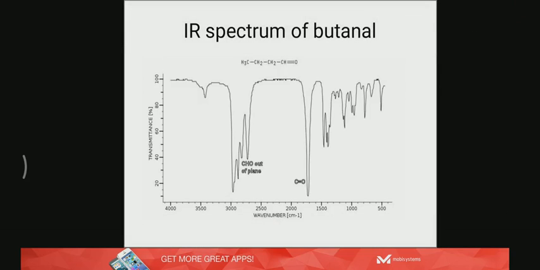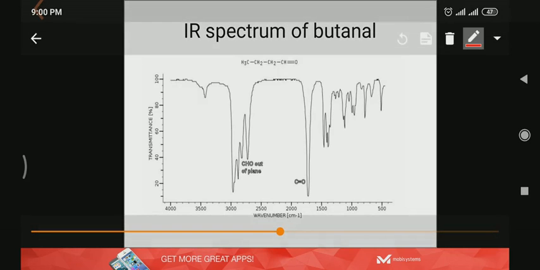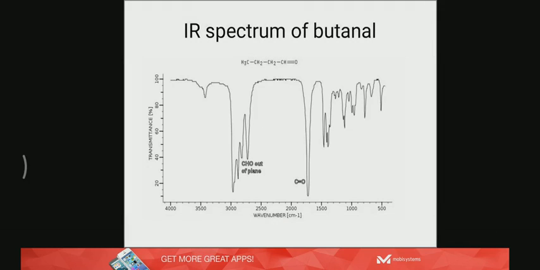Now we move on to the next functional group, that is aldehyde. Here it is butanal. You know the structure of butanal. So what are the most important peaks? In the case of carbonyl compounds, the most important peak is that of CO, the carbonyl group, which is most intense. You can see this is the one, and it comes around 1715.